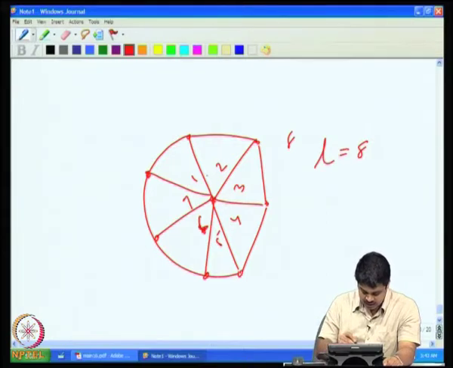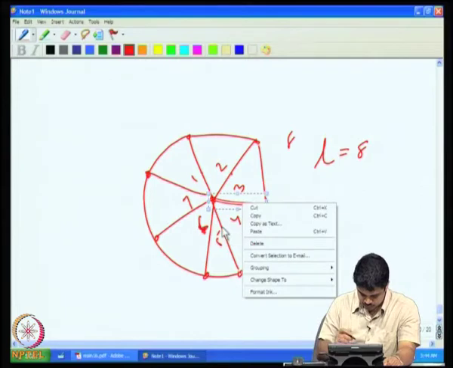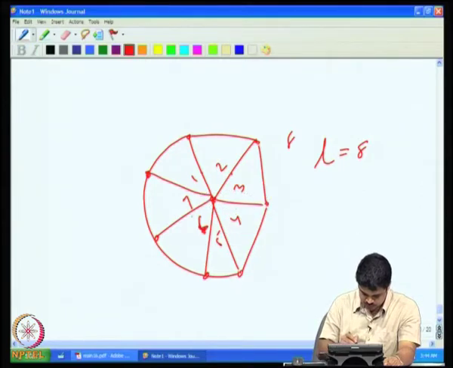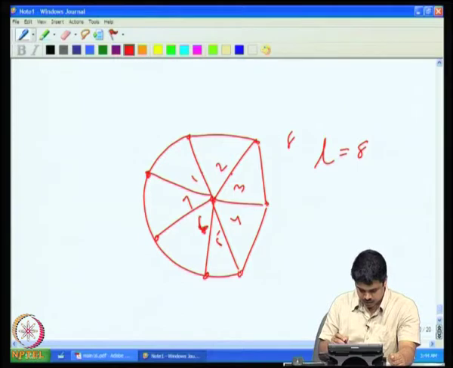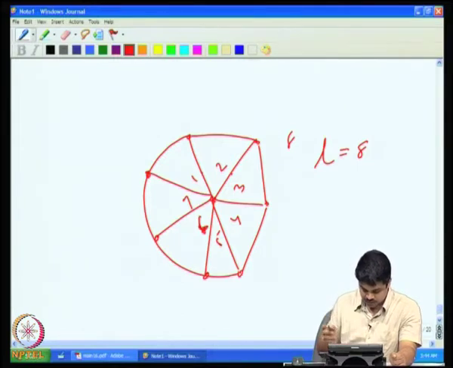Now, how many edges are there? 1, 2, 3, 4, 5, 6, 7 edges here, and similarly 7 edges there, so we have 14 edges.